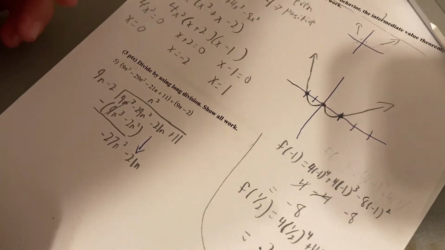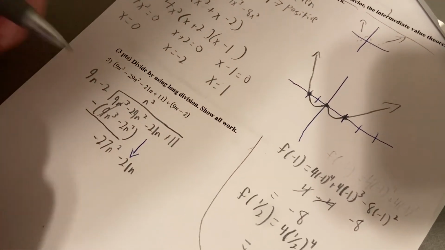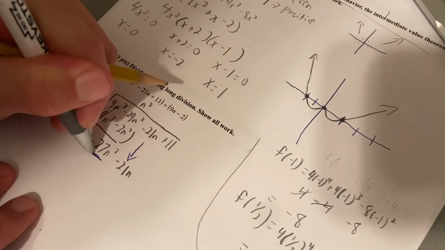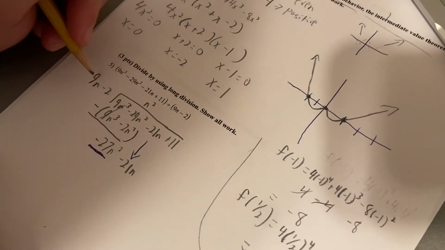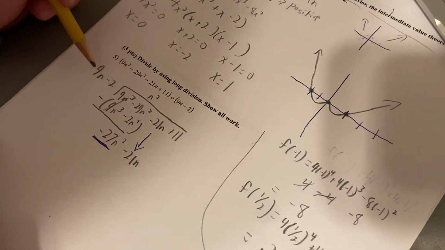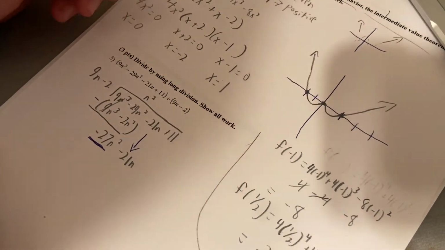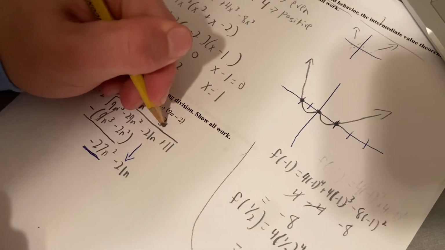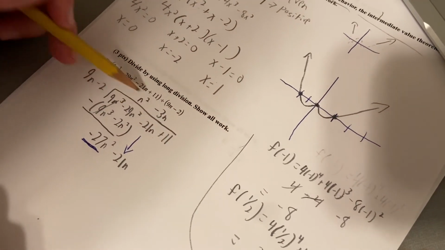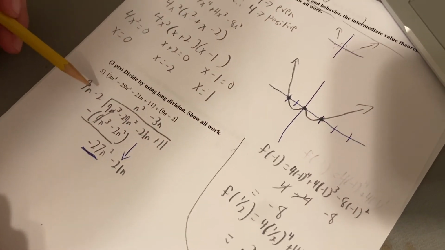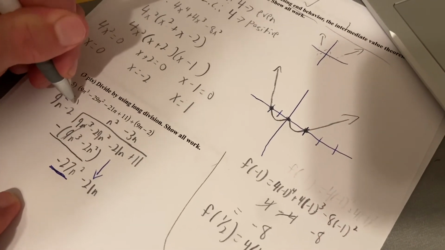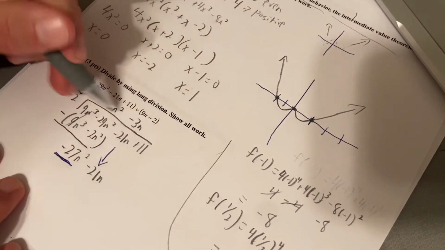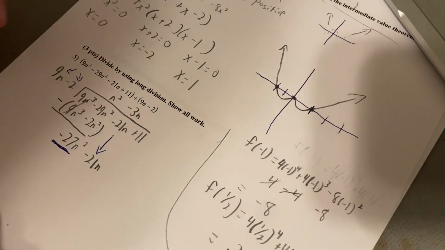And we take this negative 27n squared and divide by the 9n, or negative 27 divided by 9n, which will be negative 3n, and then we take the negative 3n and multiply the 9n and the negative 2, times it into both of them, to know that this stuff above we multiply into there.